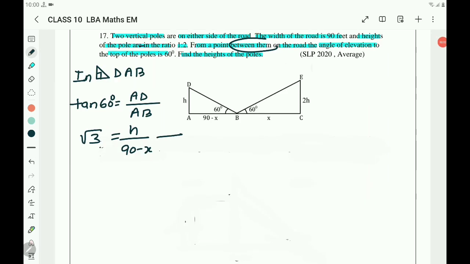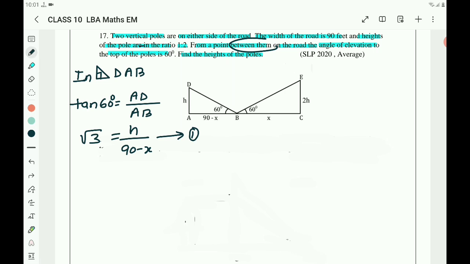Consider this as the first equation. Again apply the trigonometric ratio to the triangle ECB. Again the 60-degree angle is there, and for that EC is the opposite side and BC is the adjacent side. We have to use the trigonometric ratio having opposite side by adjacent side, that is tan theta.